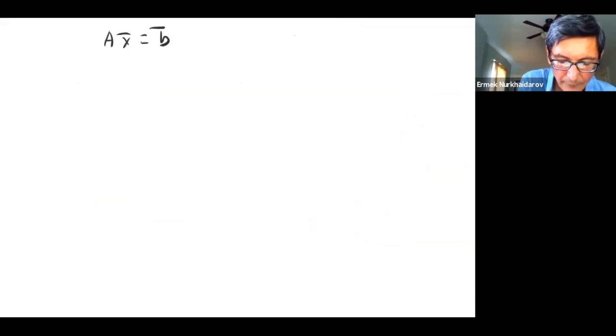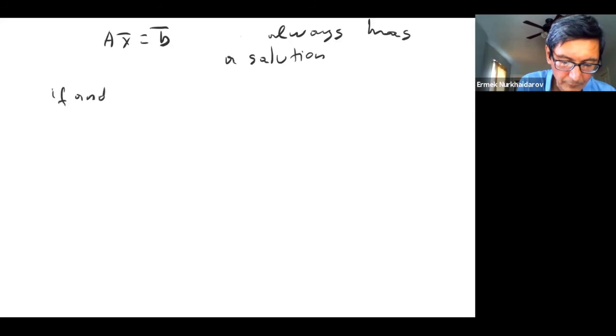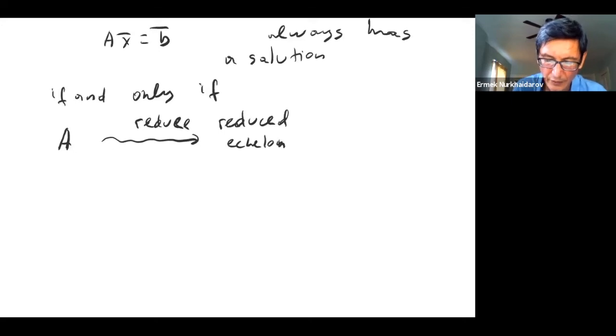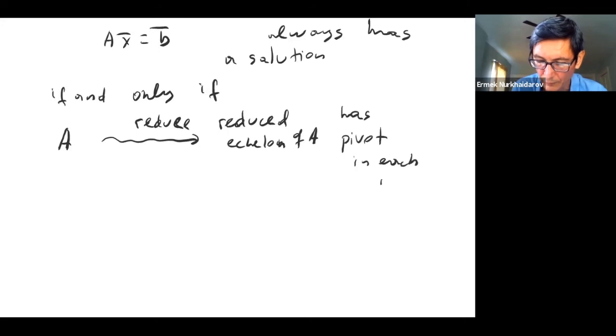Ax equals b has a solution, might be the solution, if and only if when we write matrix A and we get its reduced echelon form, we reduce it to reduced echelon, and the reduced echelon of A has a pivot in each row.